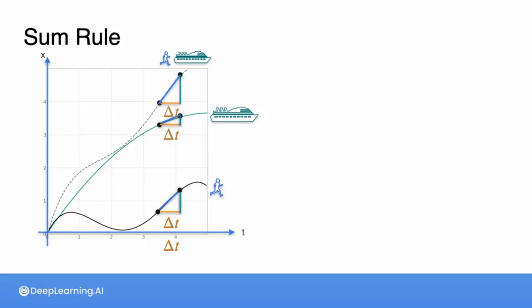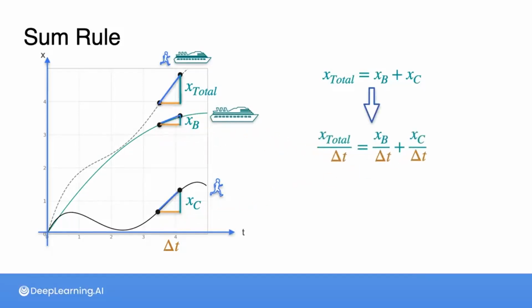So these distances are going to be xc for child, xb for boat, and x total for the sum. Now we know that x total is xb plus xc because these two distances add to x total. So if we divide everything by the same delta t, we obtain that the velocities add. So v total is equal to vb for the boat plus vc for the child.